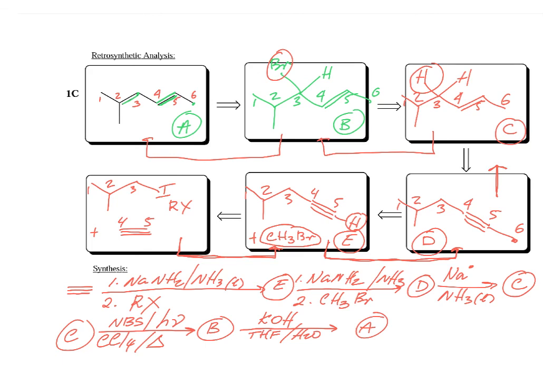So this is not catalytic hydrogenation, it's reduction under free radical conditions, followed by another free radical reaction, allylic bromination. This will give us secondary alkyl bromide B, followed by elimination of HBr, an elimination reaction to give us the conjugated diene.